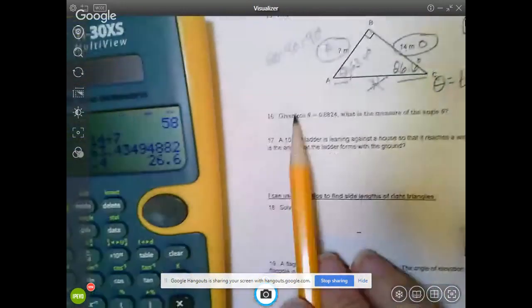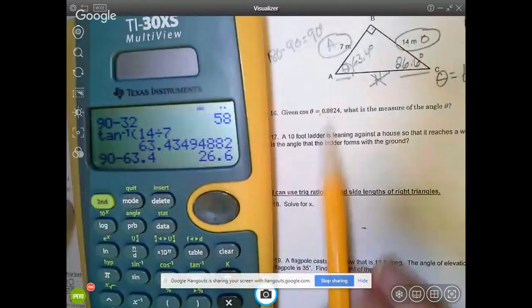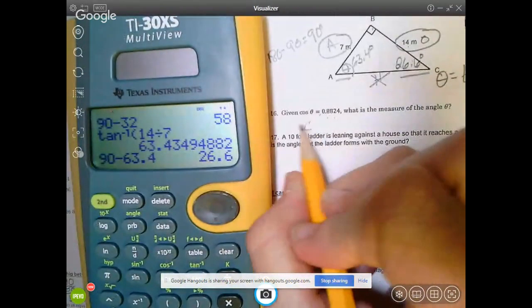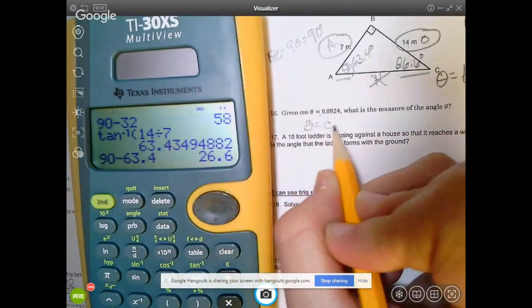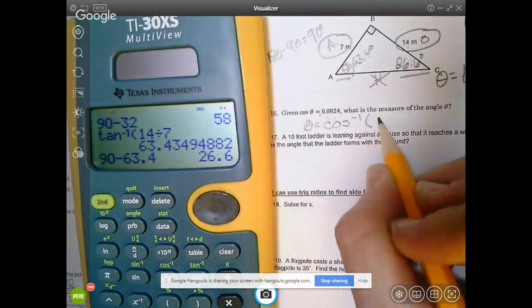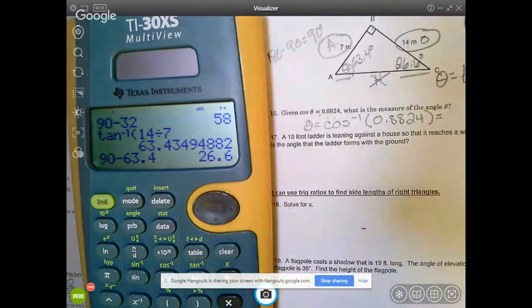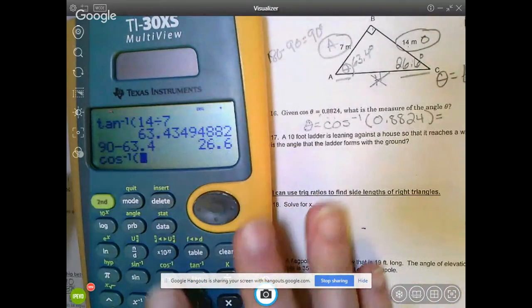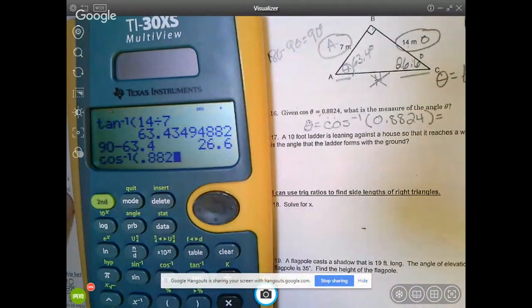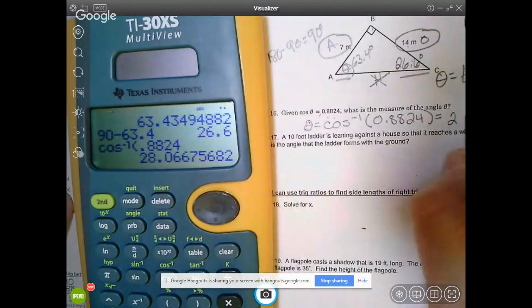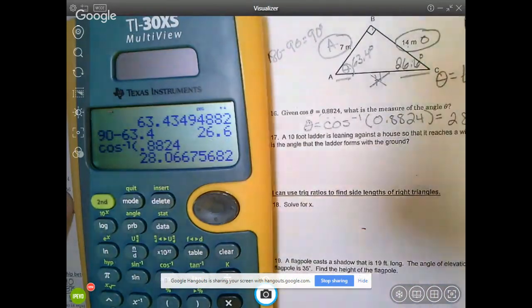Down here it says cos theta equals this number. This is probably one of the easiest ones. All we know is that theta is going to equal the cos inverse of this. So all we do is type it in. So we've got cos inverse of 0.8824. So I got 28.1.